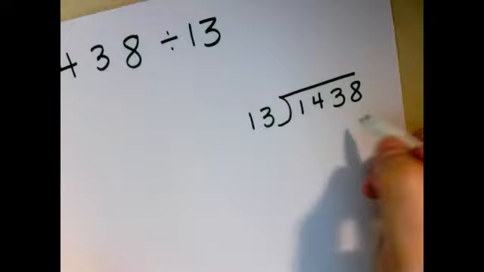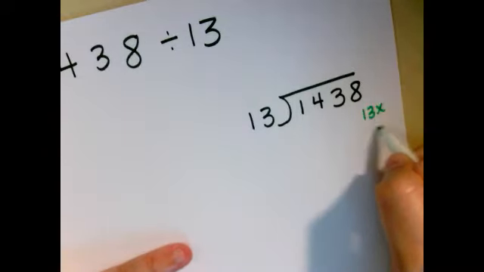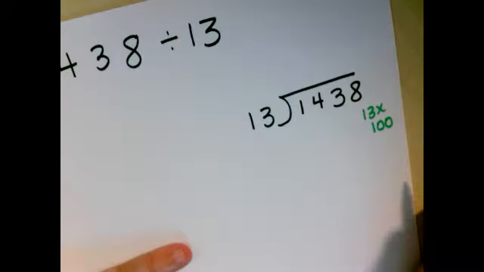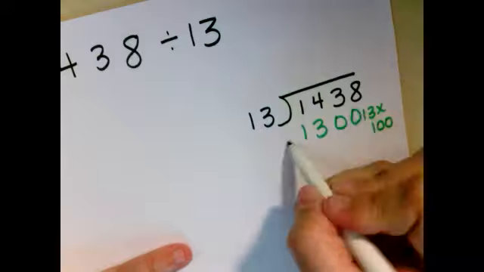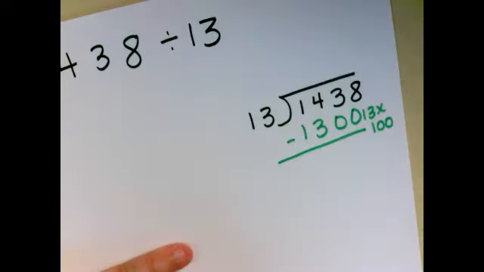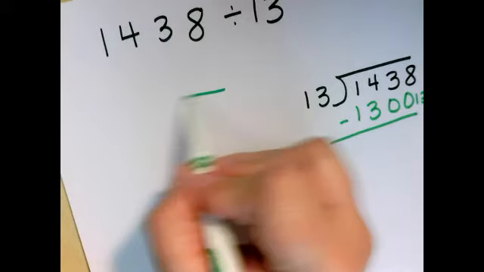Well, the best thing I know to do is multiply 13 times 100. So that's 13 times 100 gives me 1,300. Well, let me start my area model here.